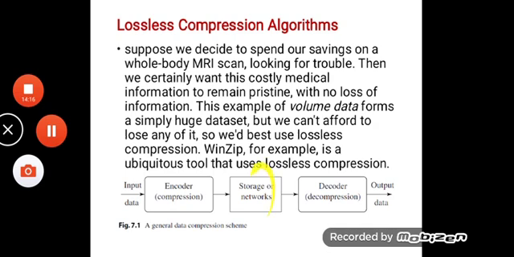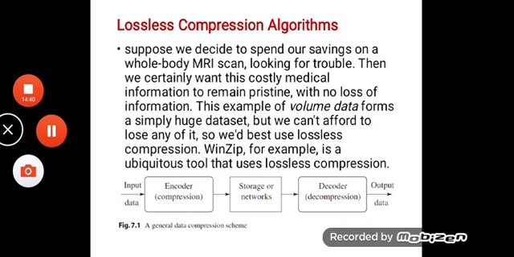So it could be a storage or a network where the data travels or gets stored. And then when we go for the decoder, where we go for decompression, the output data will be there. And as far as a lossless compression is concerned, the input data has to be the same as the output data. So let us see what it has to say.